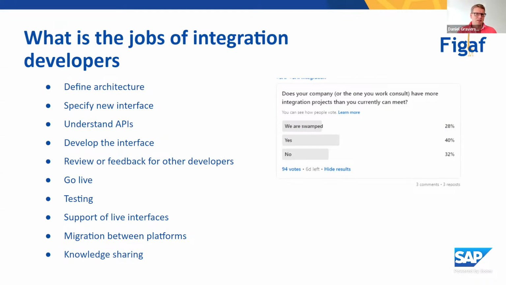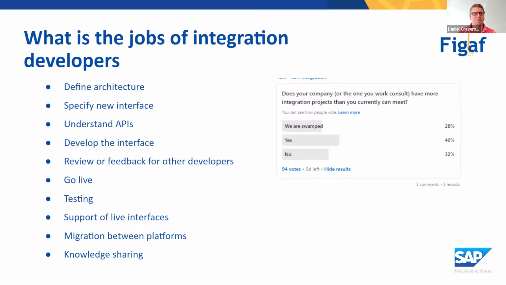One of the challenges that I often meet when I talk with developers is that they are swamped with different projects. They have a lot of different projects going on and need to be very focused. It is about defining the architecture. It is about specifying new integration. It's understanding APIs.